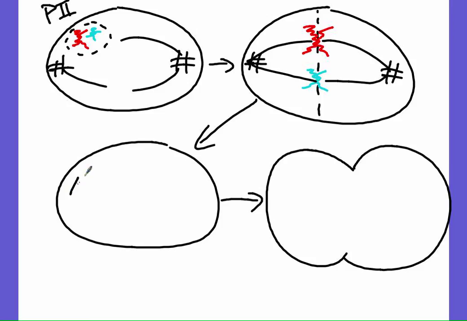So anaphase over here. Got half of the red going this way. The other chromatids going the other way. Same with the light blue.